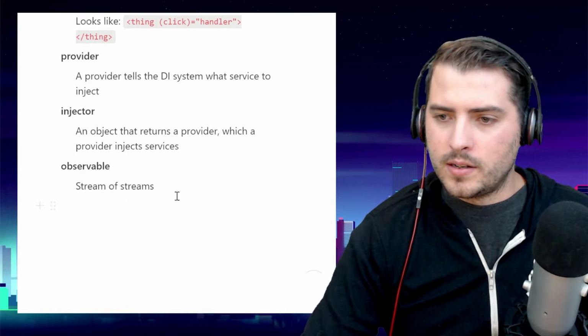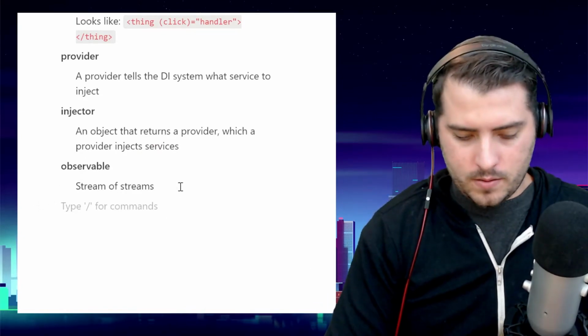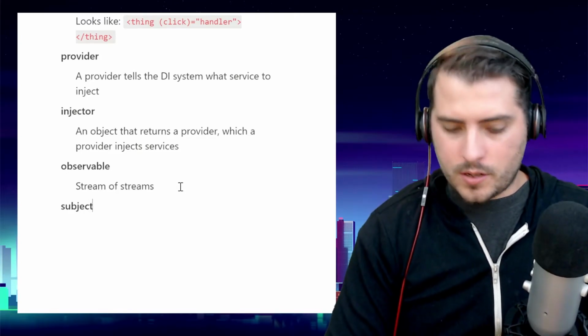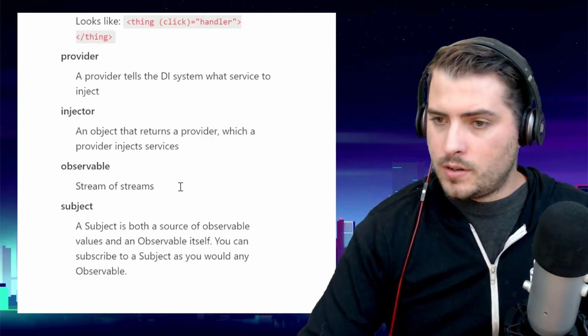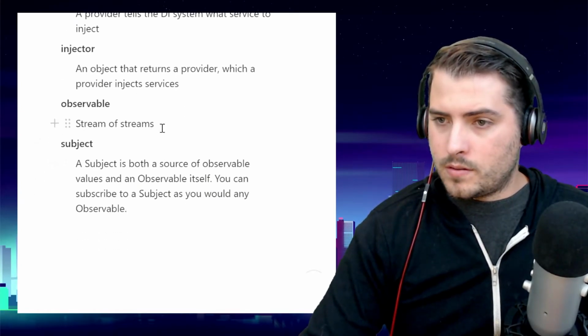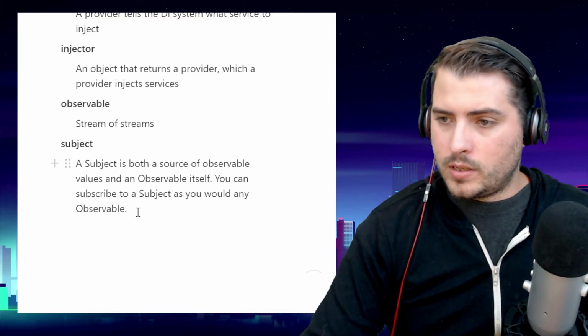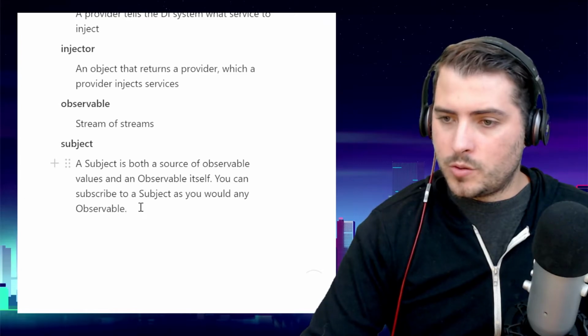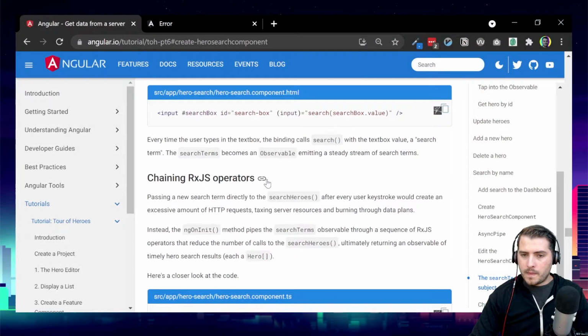So I'm going to go down here, and we're just going to go subject. Basically go like this. A subject is both a source of observable values and an observable itself. You can subscribe to a subject as you would any observable. That's perfect. Okay, and now we're going to go here.